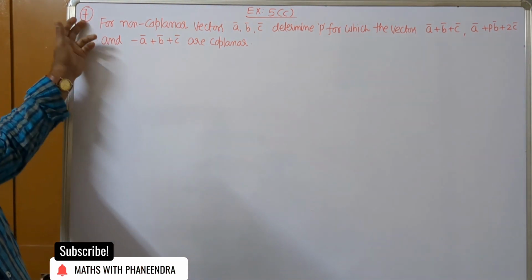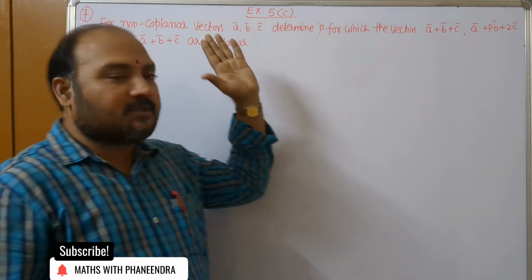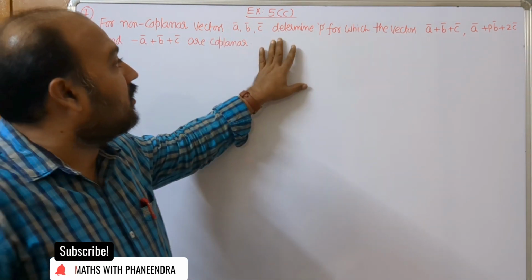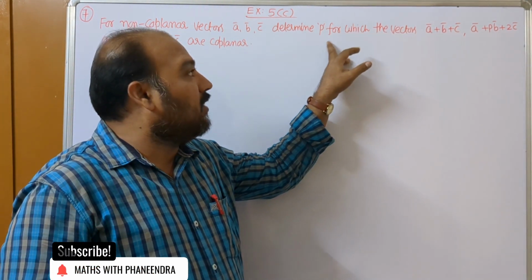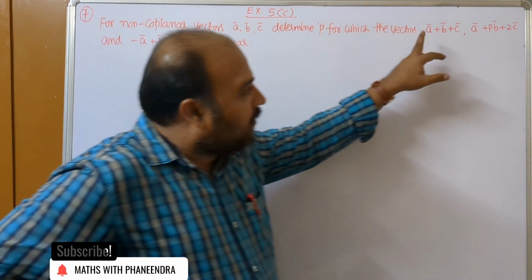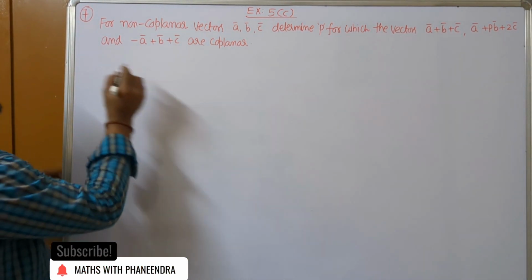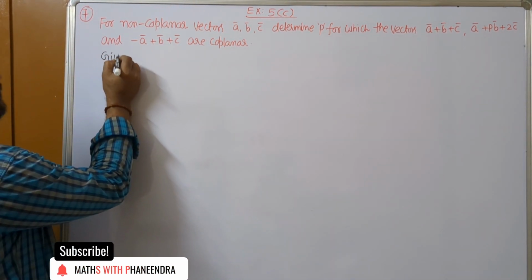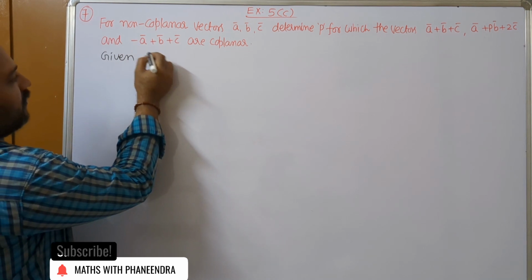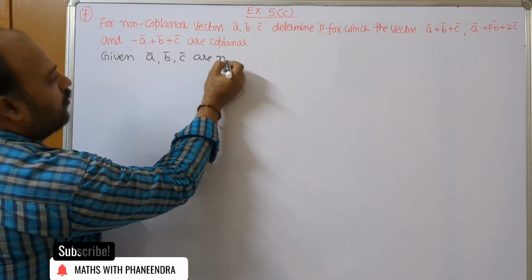Here is the next question, question number 7. For non-coplanar vectors a bar, b bar, c bar, determine p for which the vectors are coplanar. Here a bar, b bar and c bar are non-coplanar, so given, a bar, b bar and c bar are non-coplanar.